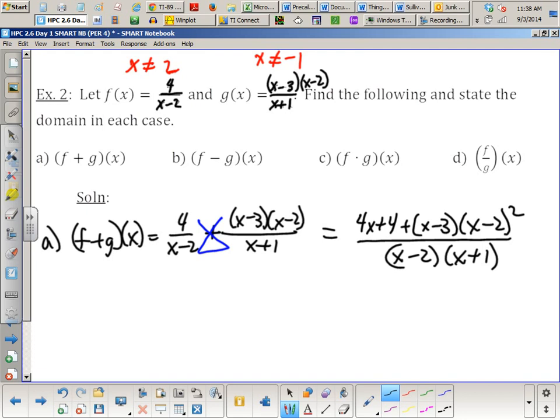So that works really nicely when both denominators are relatively prime, like x minus 2 and x plus 1. Okay, we can clean up the numerator, but I'm not going to FOIL the denominator. I like to keep the denominators factored always. So we have 4x plus 4 plus x minus 3 times x squared minus 4x plus 4.